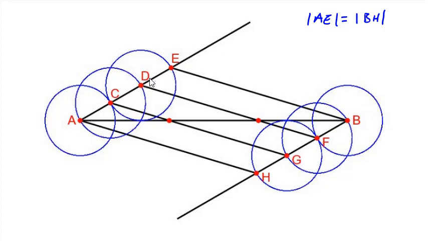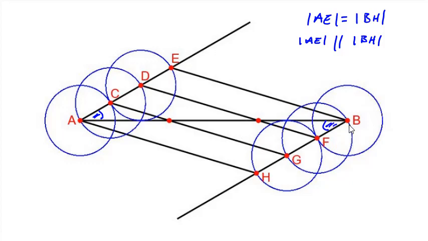We also know that the line segment AE is parallel to the line segment BH. And again, we know this by construction because we made this angle here when we were starting out equal to this angle here. Okay?